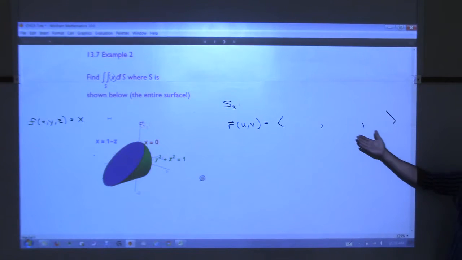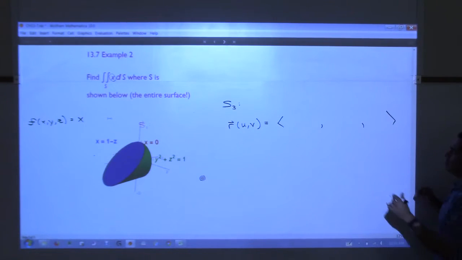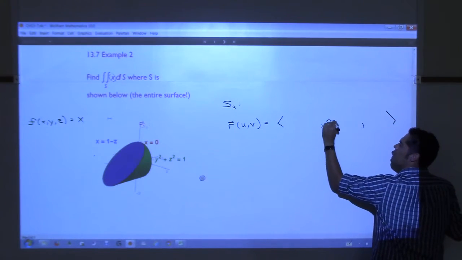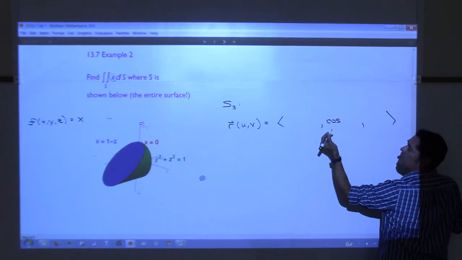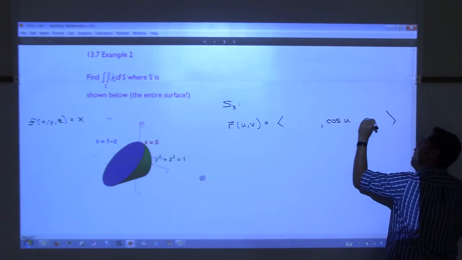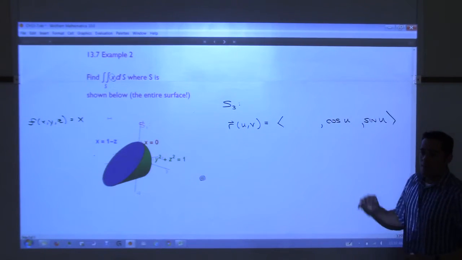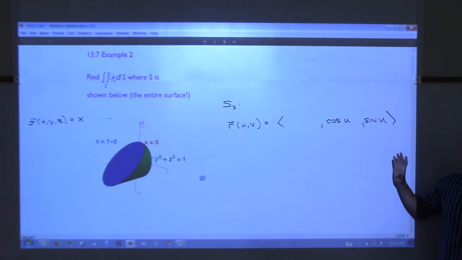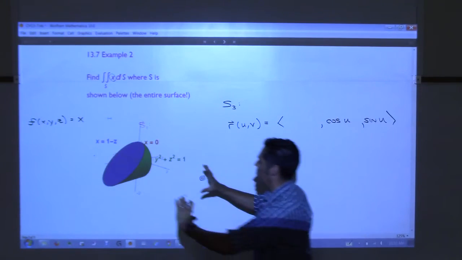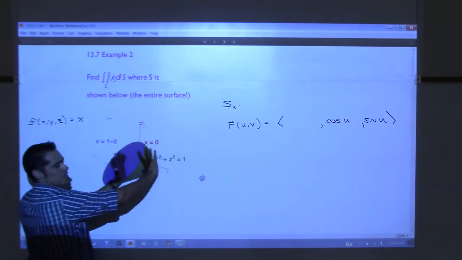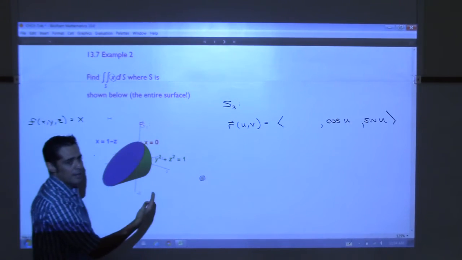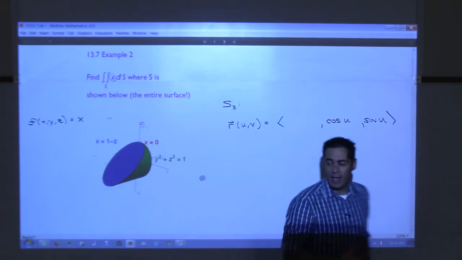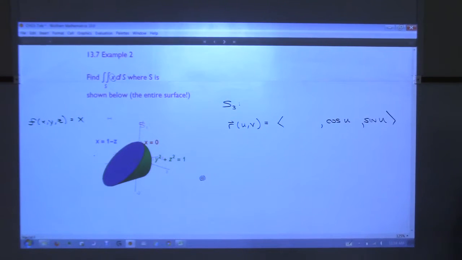So what should I put here for Y and Z? We usually do cosine u, sine u. Every point that I draw now is going to lie on this unit cylinder. I just need to control the x coordinate now. I still have one variable to mess with.